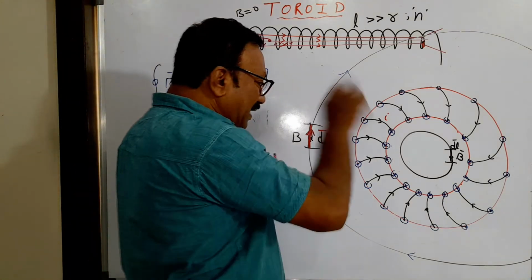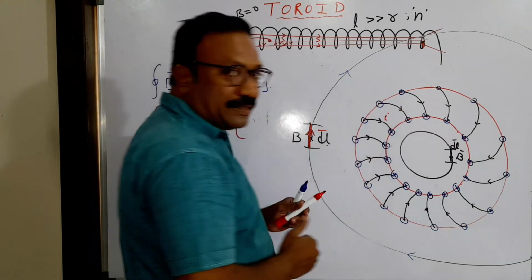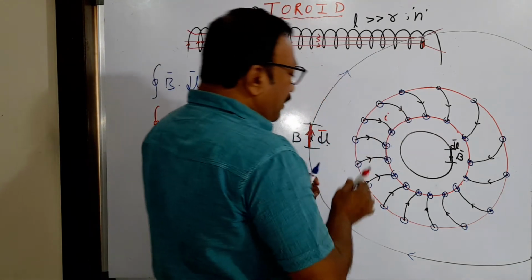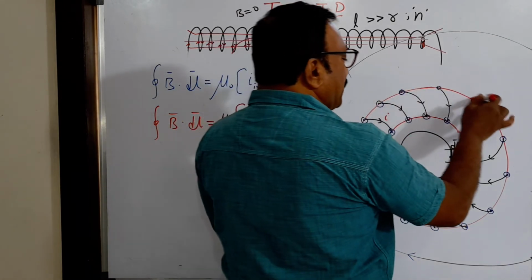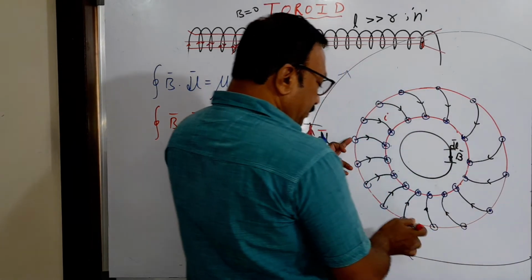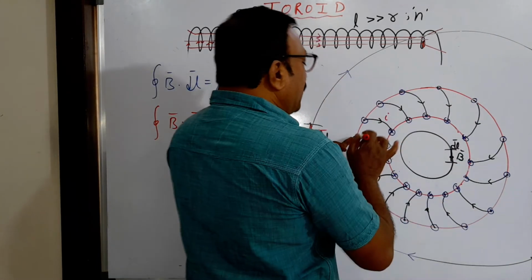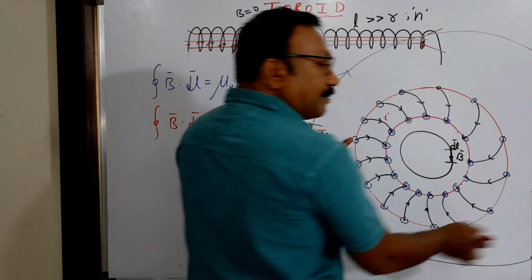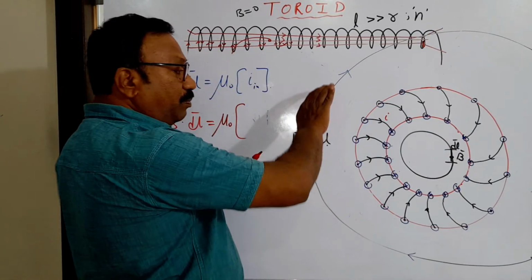So you have decided inward current as positive, am I right, and outward current as negative. So how many are there? See, this is outward current: I plus I plus I, let it be capital N times. There are capital N turns, so outward currents will be N times. Outward current is negative, am I right? See, this is a loop.